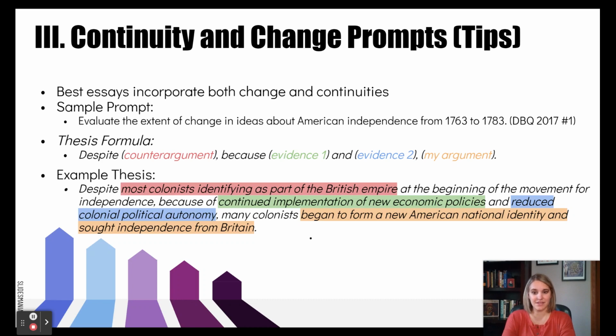So here's an example thesis where you see both of those things present. Despite most colonists identifying as part of the British Empire, that's the continuity, at the beginning of the movement for independence, because of continued implementation of new economic policies and reduced colonial political autonomy, many colonists began to form, see that's change right there, began to form a new American national identity and sought independence from Britain.